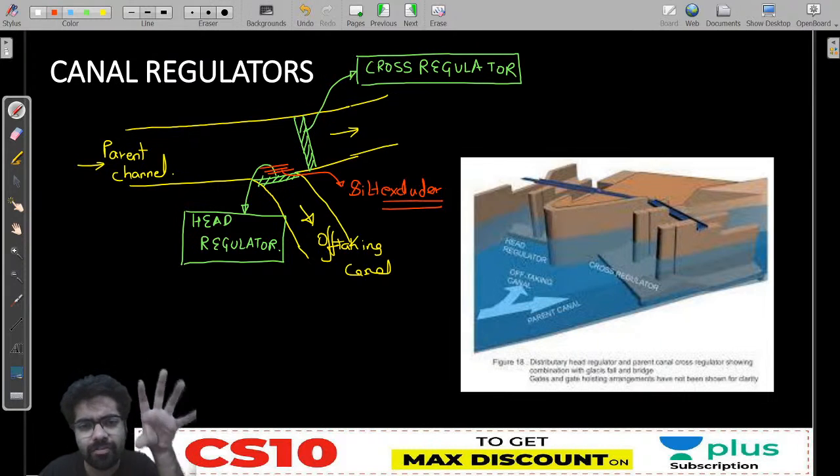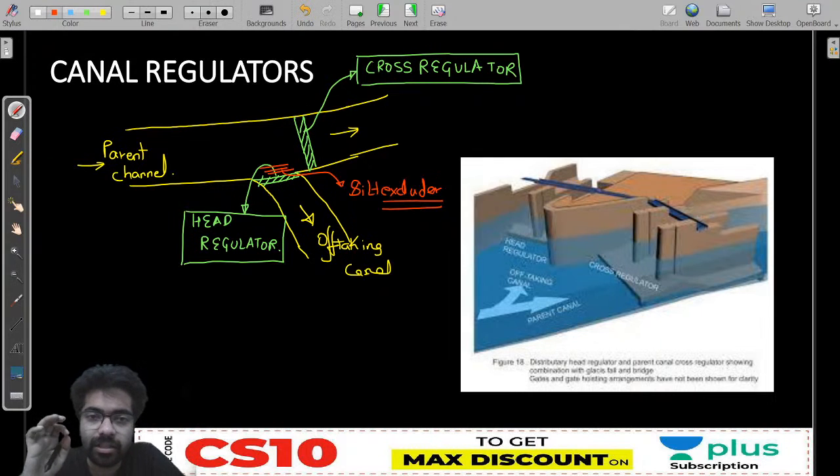Now tell me what is the function of cross regulator. Listen very carefully. This cross regulator is provided across the river. That's why it is called cross. This cross regulator is perpendicular to the flow of the river.